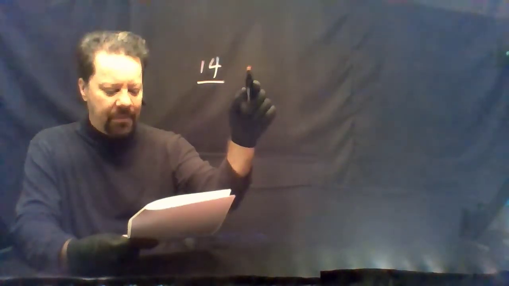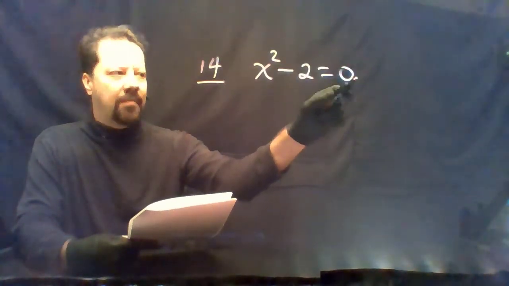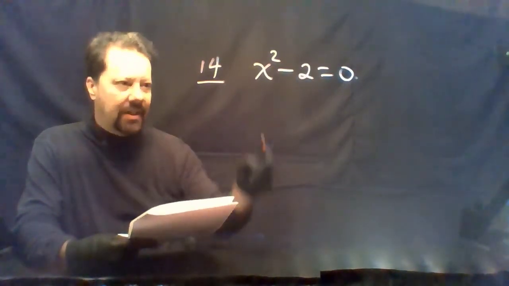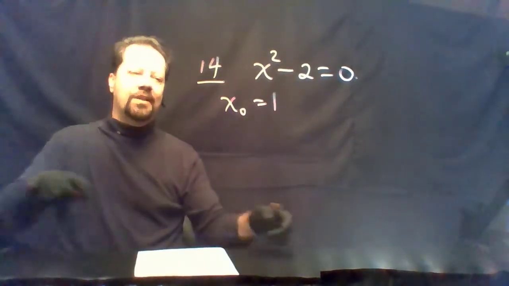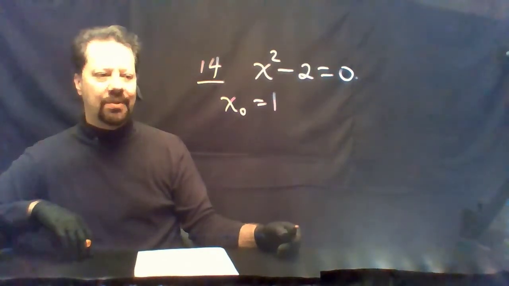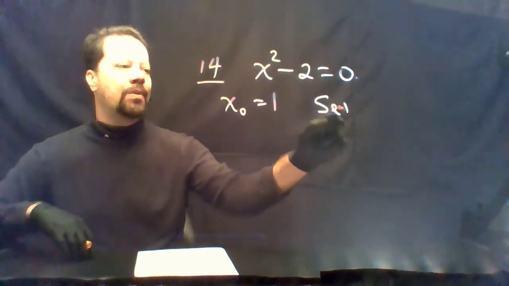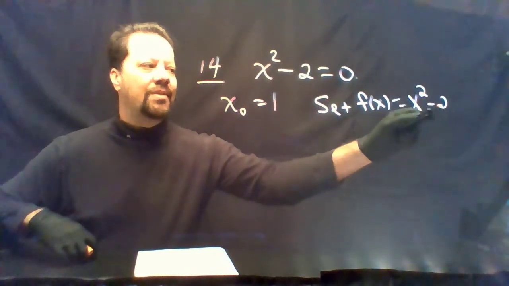Finally, on problem 14, I ask you to perform 2 iterations of Newton's method using x0 equals 1 to approximate a solution to the equation x squared minus 2 equals 0. So of course we will set f of x to be x squared minus 2.